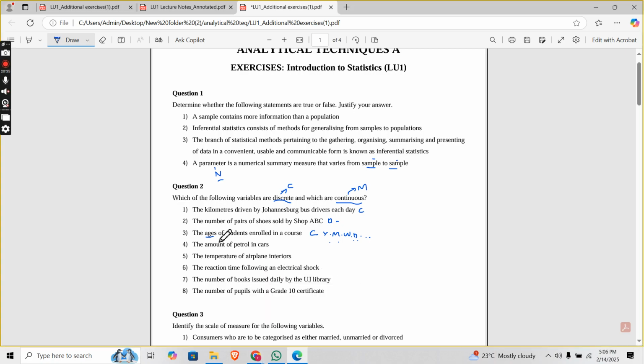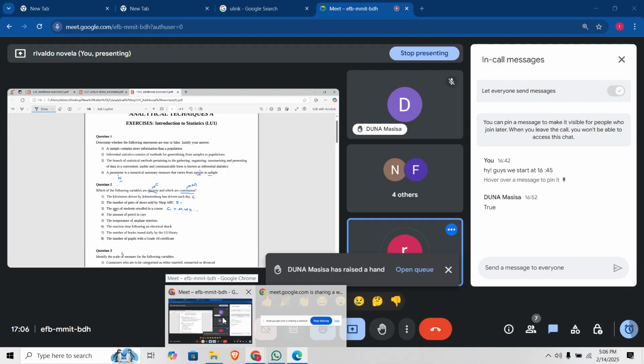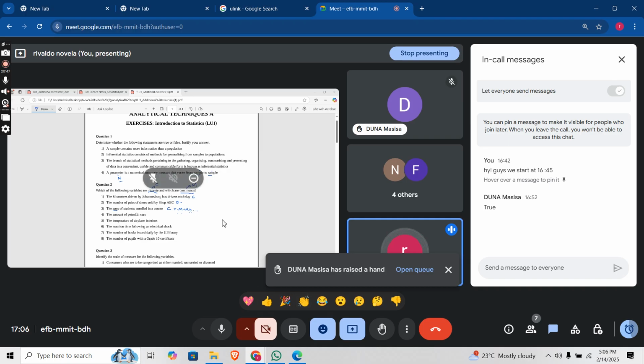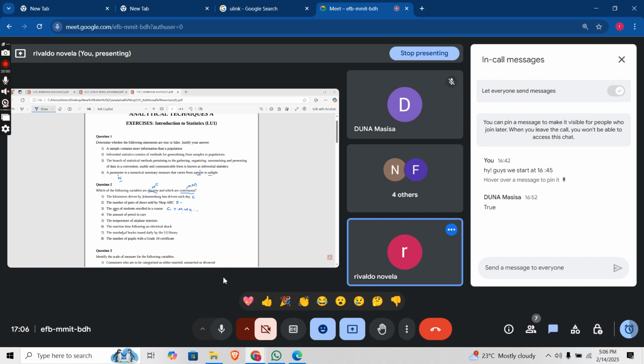Number 4, the amount of petrol in cars. Anyone? And please, if you answer, give me a reason why you say so. Duna, yes, you can answer. Continuous. Why do you say it's continuous?